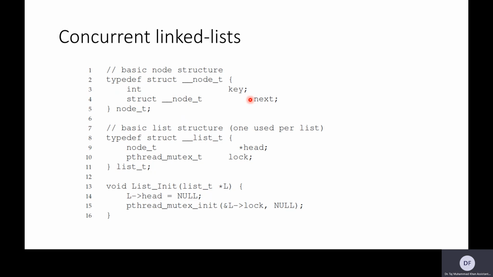Again, as you can imagine, I hope you have reached the conclusion that things can go bad, because multiple threads are accessing the same resource, the same linked list, and they might access the same node. Let's say it's node number X. One thread is trying to insert a node before or after node number X, and another thread is trying to delete node number X. So these threads would mess each other up.